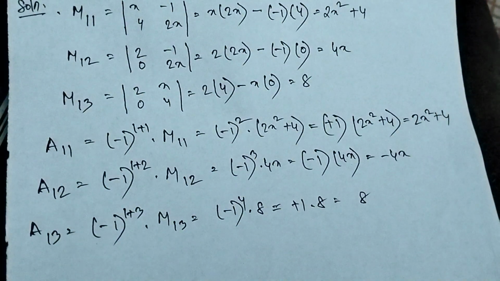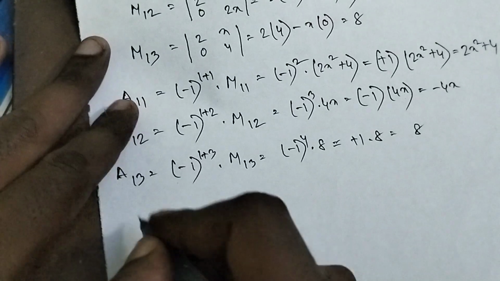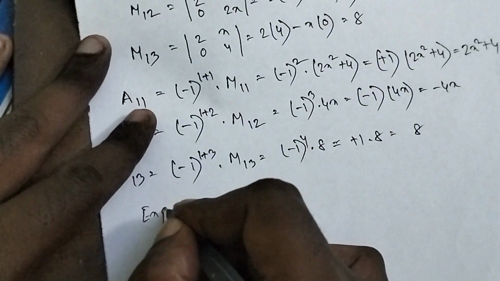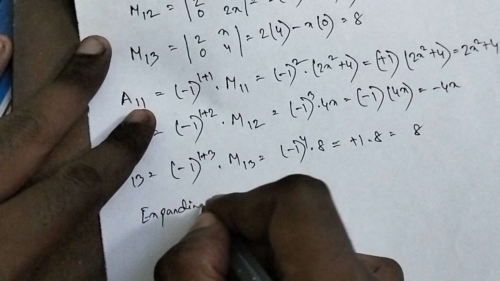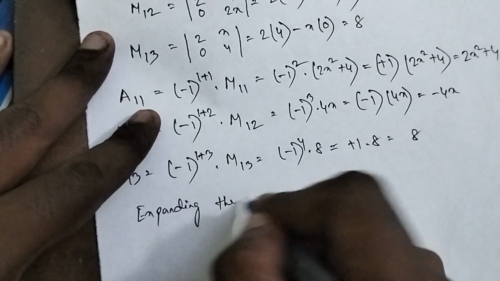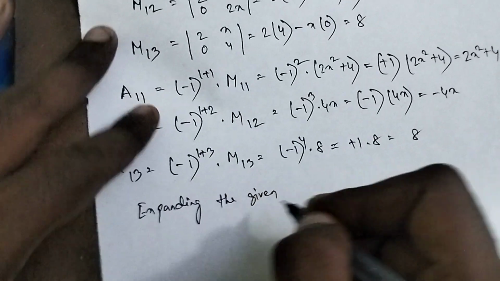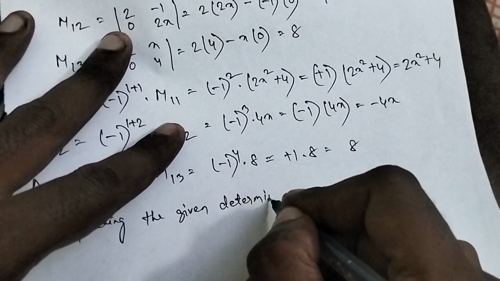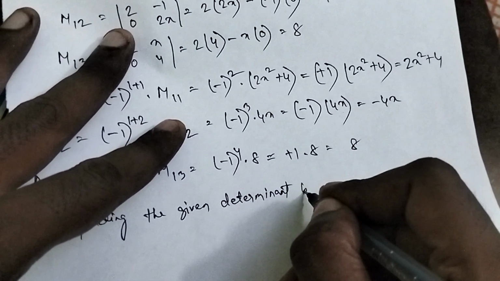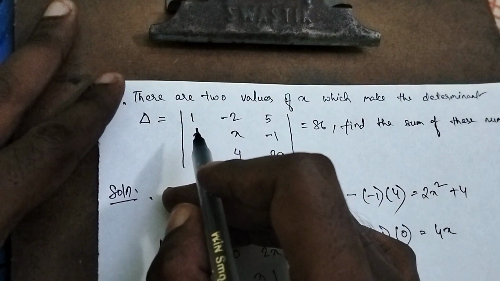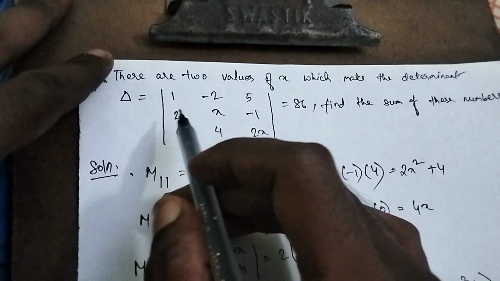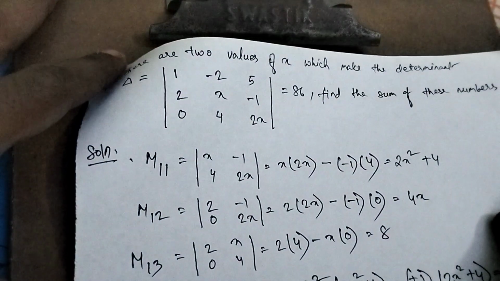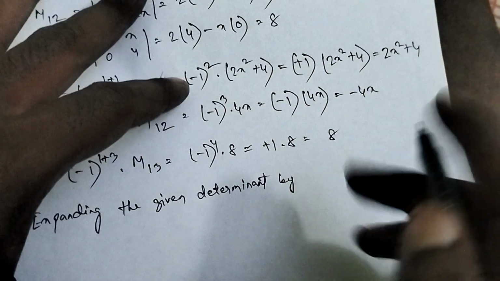Now what will you do? Expanding the given determinant by first row. I told you earlier that we will expand the determinant through the first row.